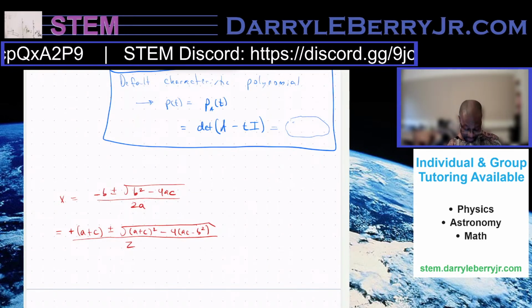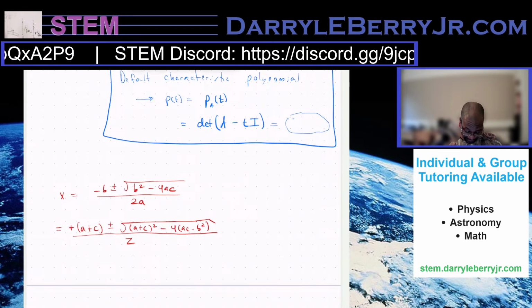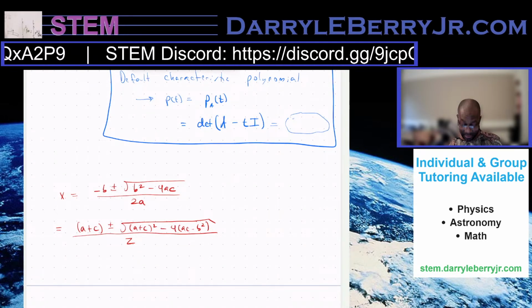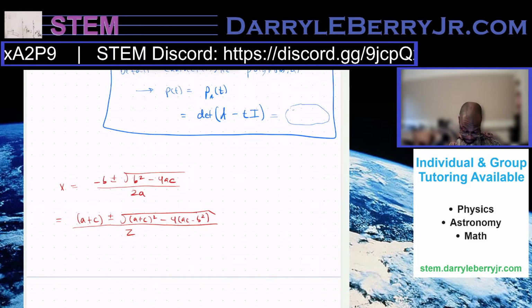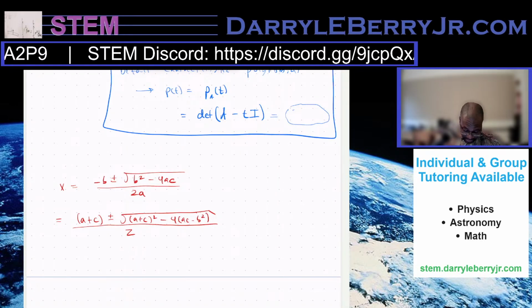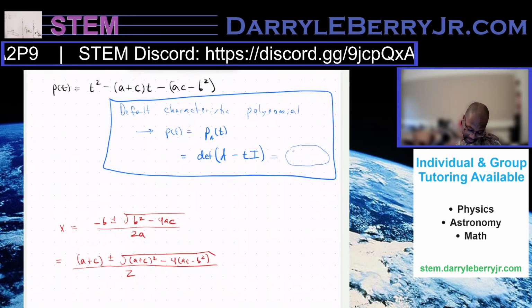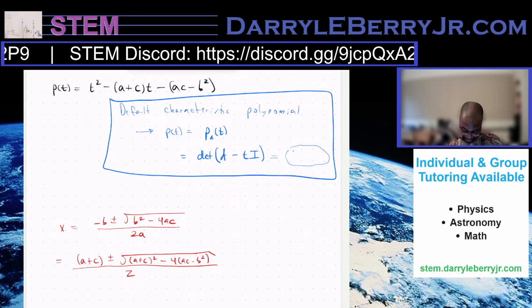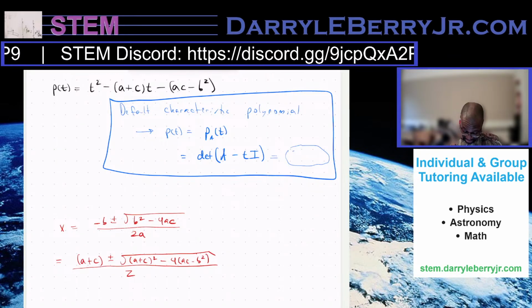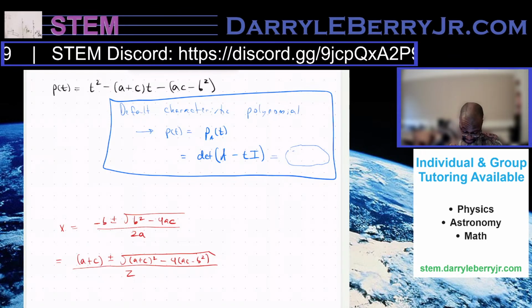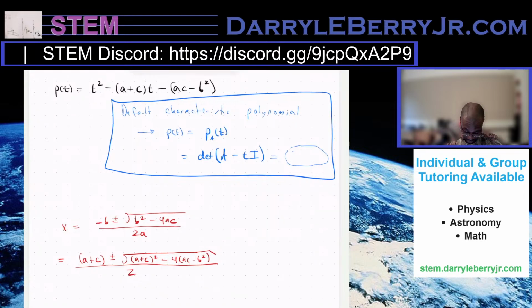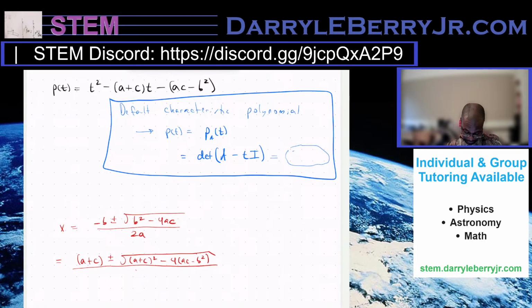So let's see if this comes out to be the same. So we do have the plus a plus c plus or minus square root. Since the a plus c is negative and we're squaring it, the negative goes away. So it's just (a plus c) squared minus 4(ac minus b squared) over 2. I'll draw this 2 better.